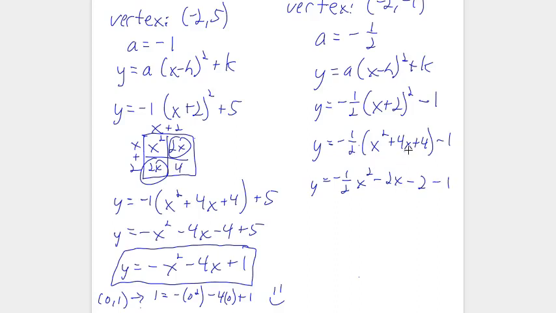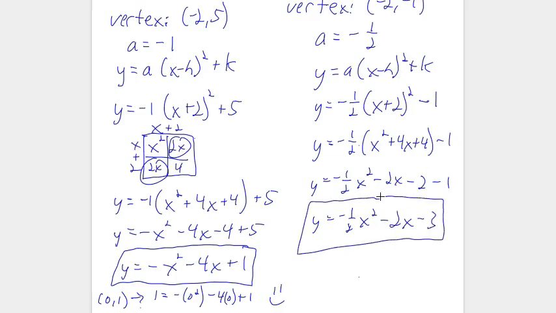Negative 1/2 times 4x, well, half of 4 is 2, so it'll be negative 2. And same thing here. In combining like terms, we get y equals negative 1/2 x squared minus 2x minus 3.